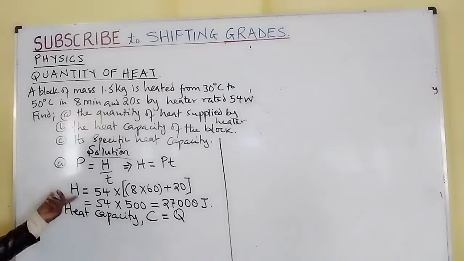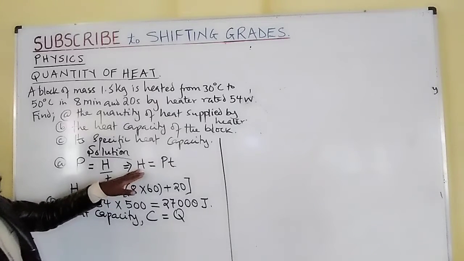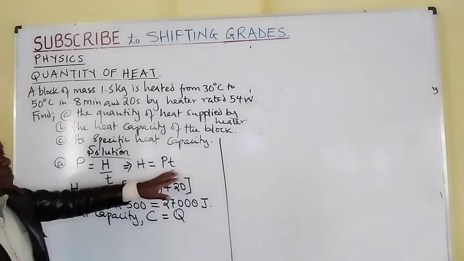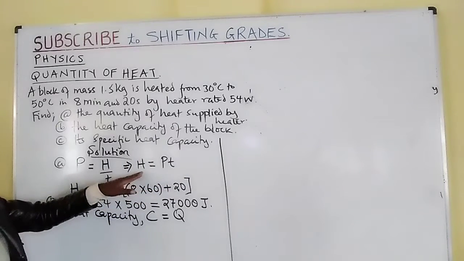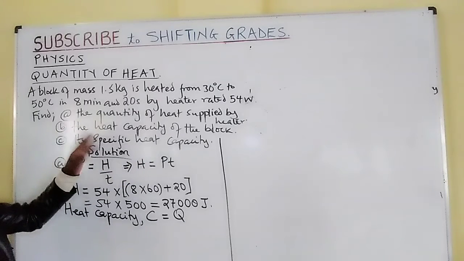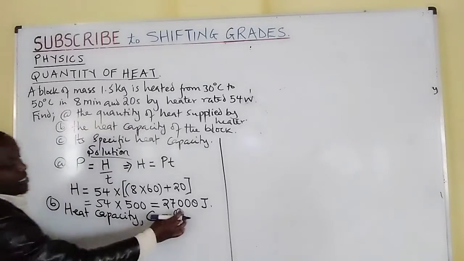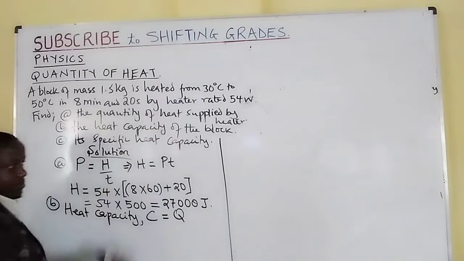We could have called it Q anyway, but when we were dealing with the topic called heating effects, we related heat energy using letter H. So this is energy generally, but this one is specifically heat energy.